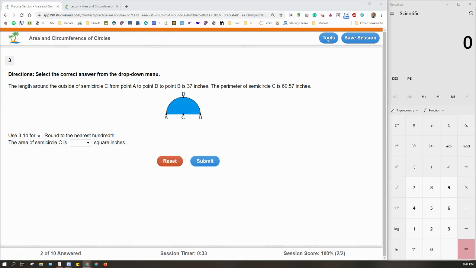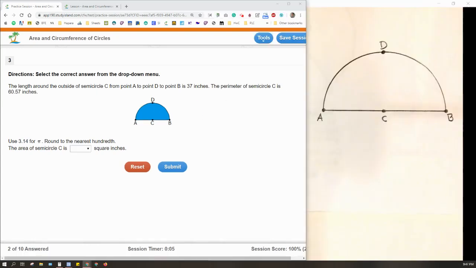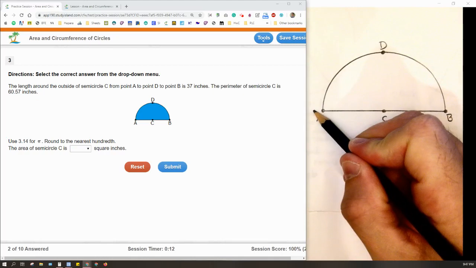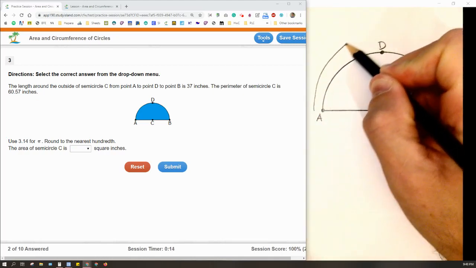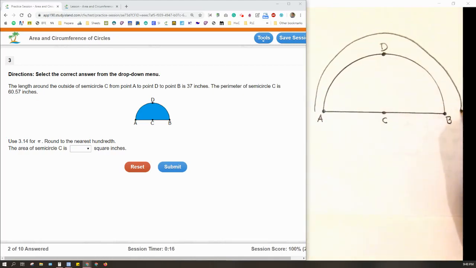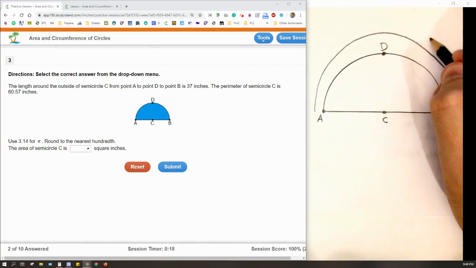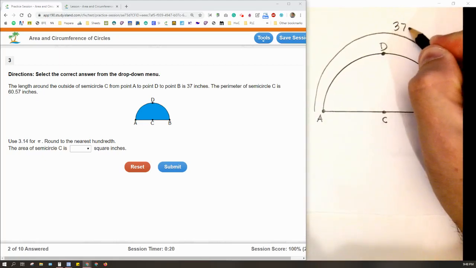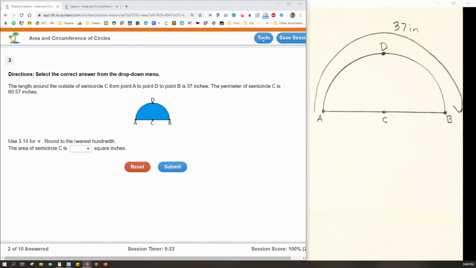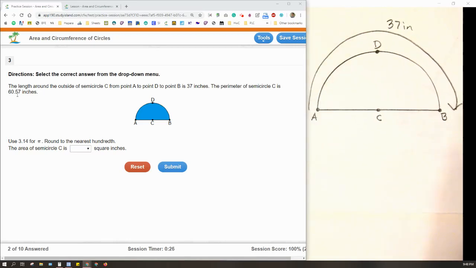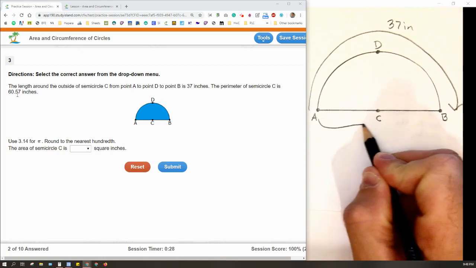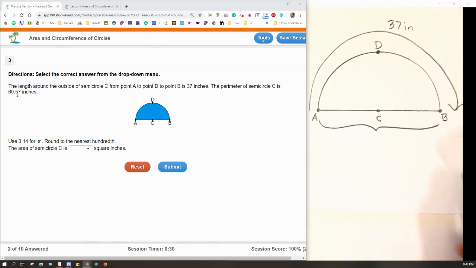So let me draw a quick little diagram so you can see what I'm doing for this. All right, so here I copied the diagram down so I can draw. First, the 37 inches goes from point A all the way over to here. That distance is 37 inches. But if the whole perimeter is 60.57 inches, then this distance right here has to make up the rest.